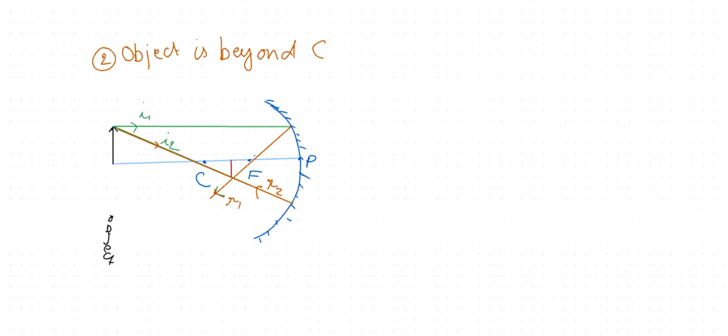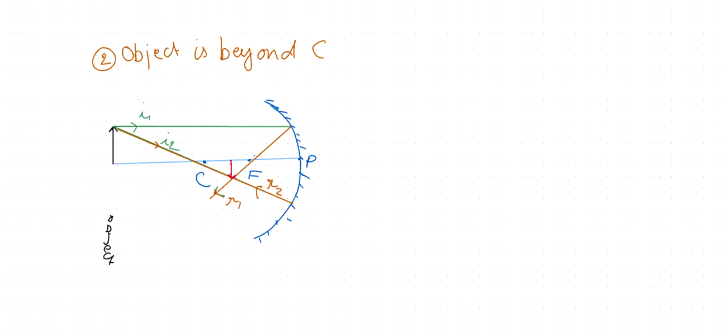It's going to be down. So you make it at the tip of the object. It's not a ray that you can make anywhere, so you make it at the end. So your image is inverted. You start from the principal axis, take the line down to the intersection of your two reflected rays.